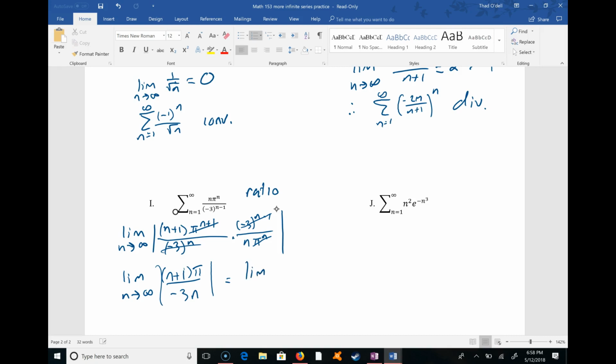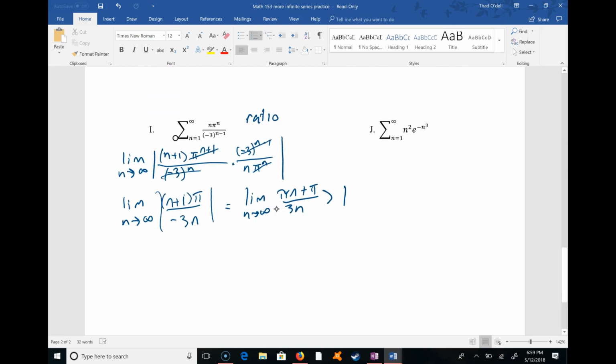So we get the limit as n approaches infinity of pi n plus pi over 3n. And since pi is a little bit bigger than 3, this thing is going to be greater than 1. And since it's greater than 1, then we can say that this series diverges.